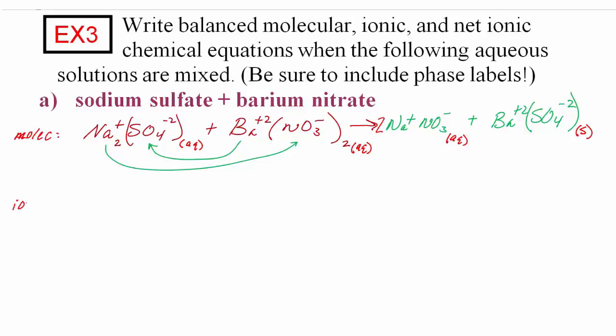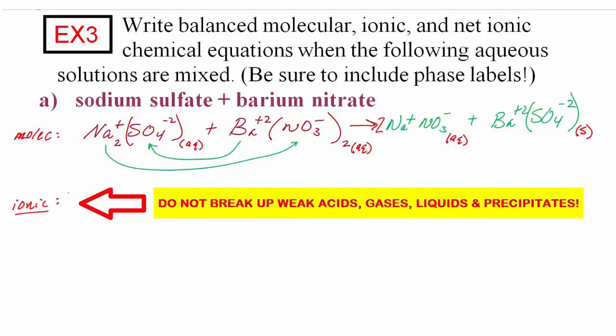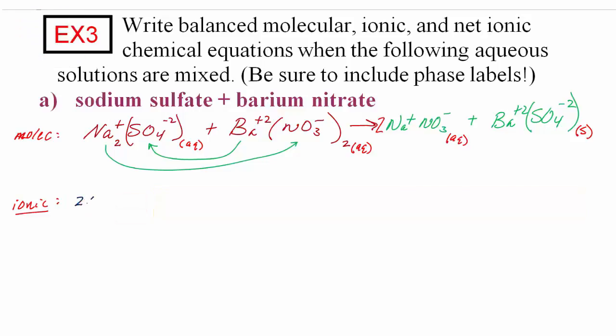So let's write the ionic equation now. And remember the idea for that is just if you see AQ, break it up. Otherwise, leave it alone. 2 sodium ions, a sulfate anion, a barium ion, and 2 nitrates.